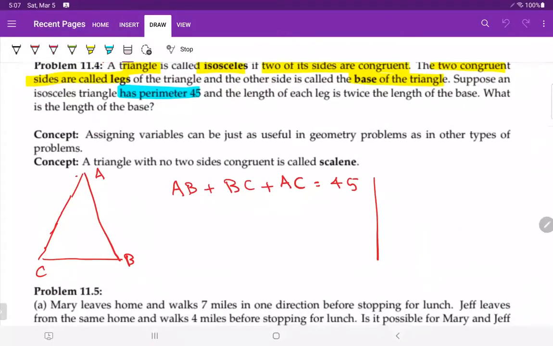Let me use this fact. The length of each leg is twice the length of the base. So if the base length is x, the legs are going to be 2x. That makes sense. Now AB is 2x, BC is x, AC is 2x.